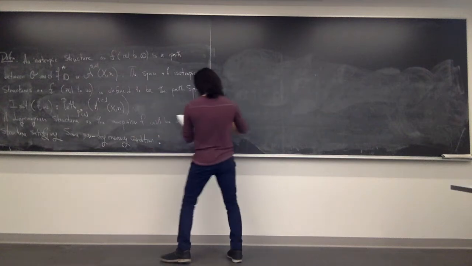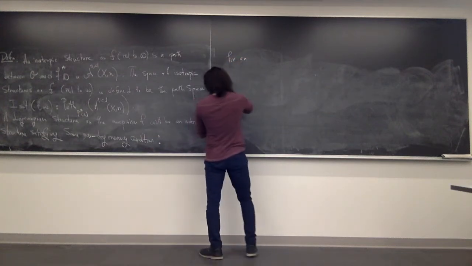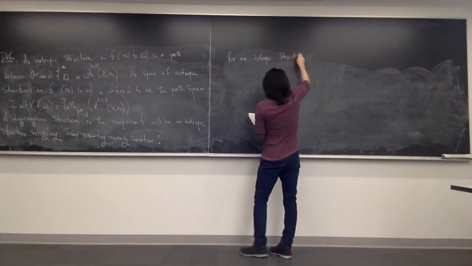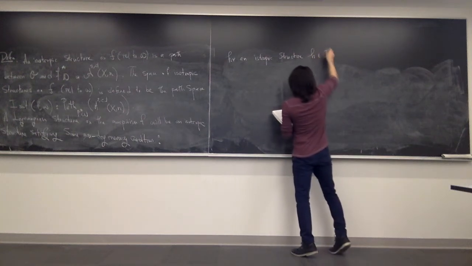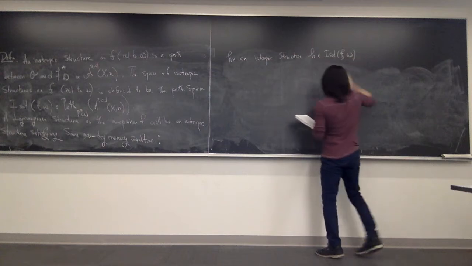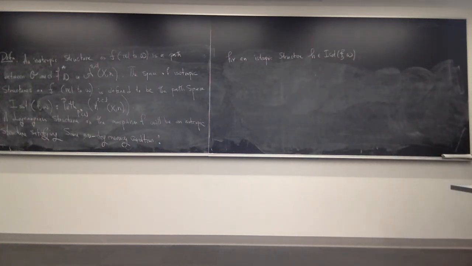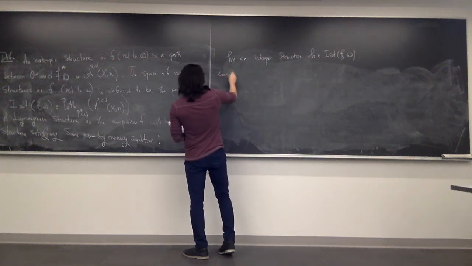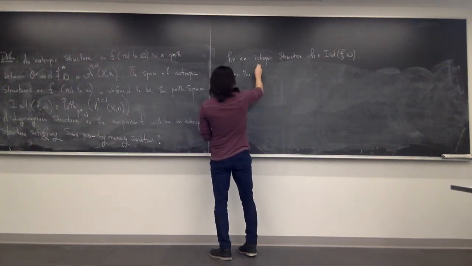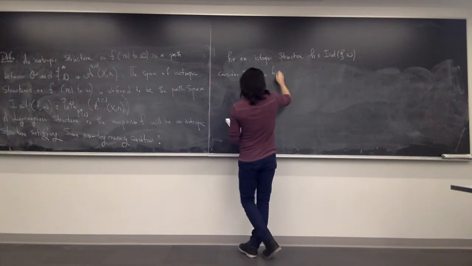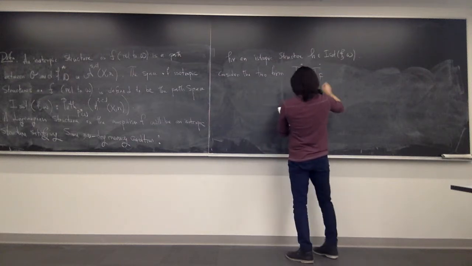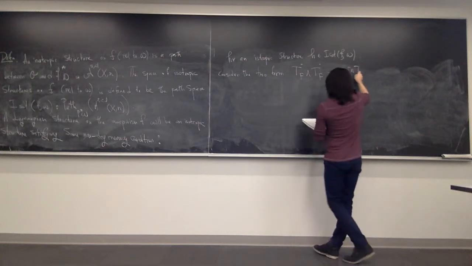So if H is an isotropic structure in the space of isotropic structures on this map with respect to omega, the space of all paths between f star of omega and O in the space of closed two forms, consider the two form which is defined as a map from T dot of F to the structure sheaf of F shifted by n.